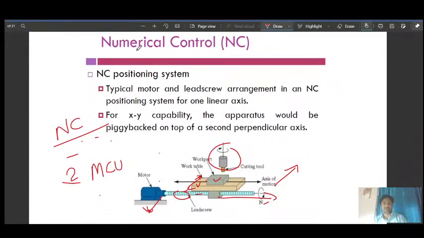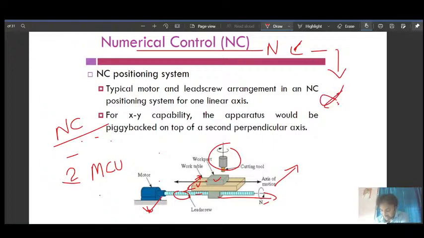So as you can see in numerical control system, we control the movement of machine tool with the help of information, and information means signal, and that signal is generated based on some alphabet and numbers or symbols. So with the help of these alphabet, numbers or symbols, we write the program, and that program controls the movement of the machine tool when it runs.